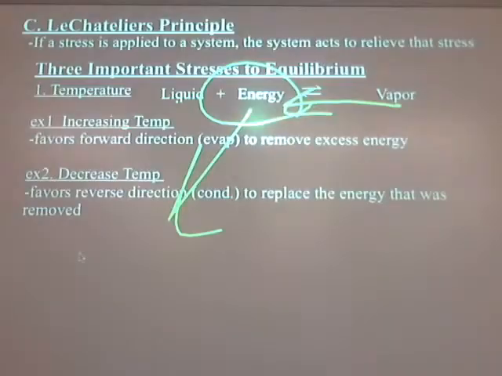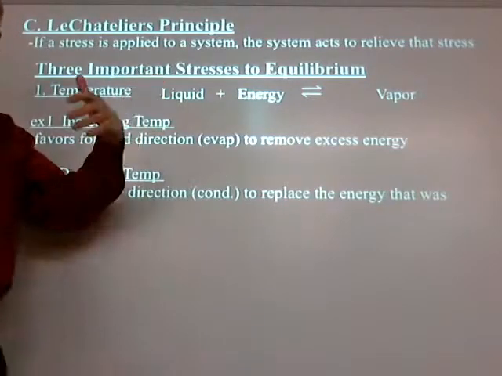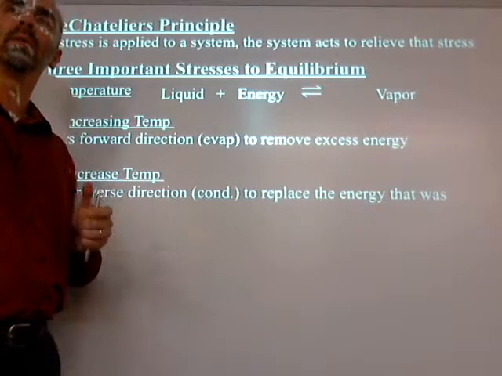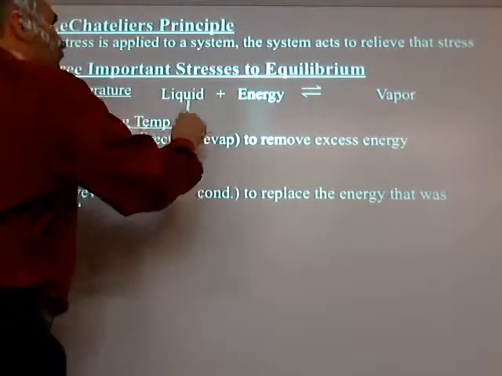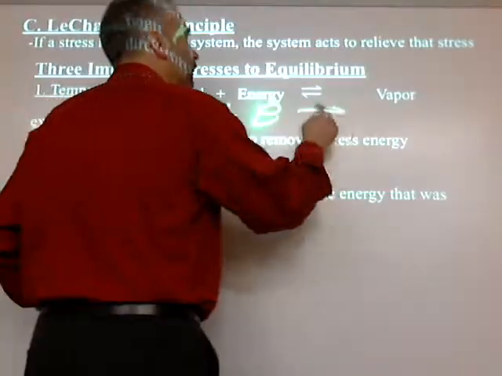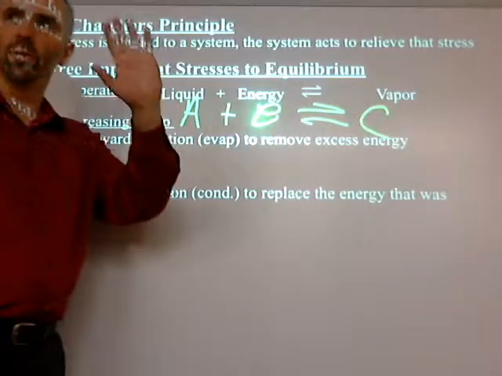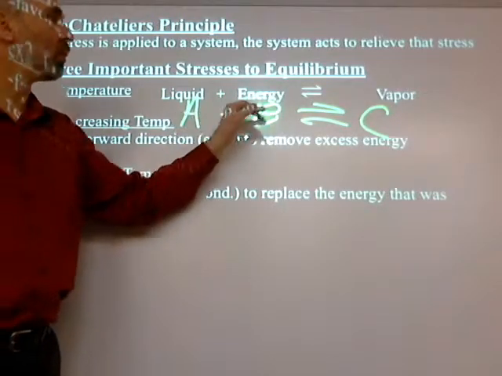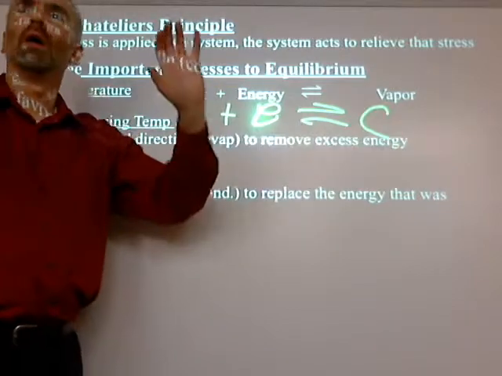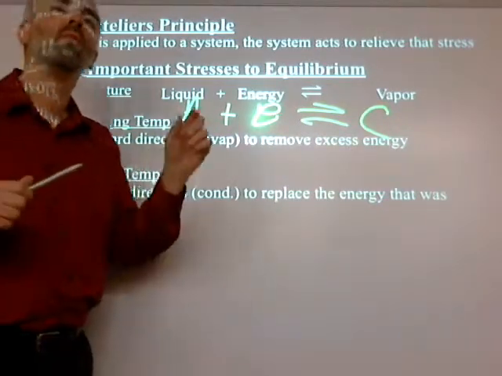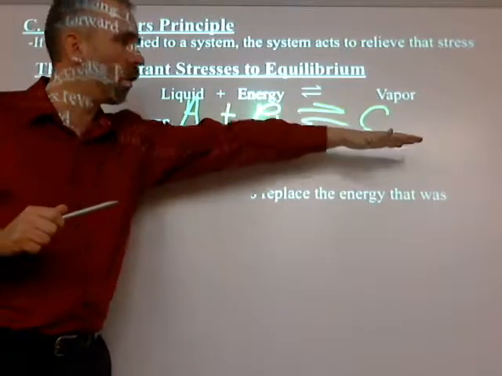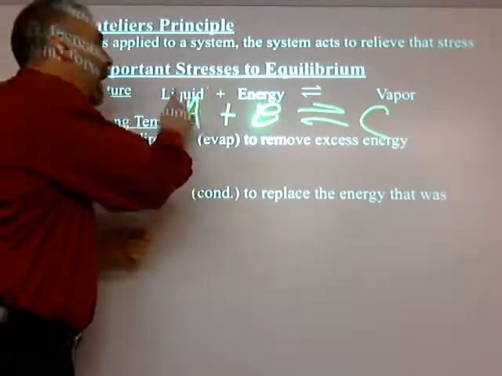Oh, here, let me apply this. Here's where I'm going to kind of hint ahead a little bit to Chem 2, and I'm also going to hint ahead to tomorrow's class. I don't care what these things are. Look here, don't do this. A plus B yields C. Here's what LeChatelier's principle comes down to. What way would be favored, forward or reverse, if I added more A?